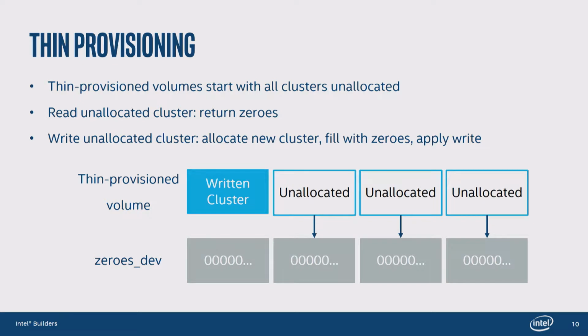Now if we write one of these clusters, you can't see through that cluster anymore. That means that you have the real data stored there. And this means that you don't allocate the clusters until you actually write to them. So if you have a disk that's mostly empty, like in the VM hosting case, you can save a lot of space on the disk, and you don't need to allocate all the clusters that are just filled with zeros. So that's thin provisioning.